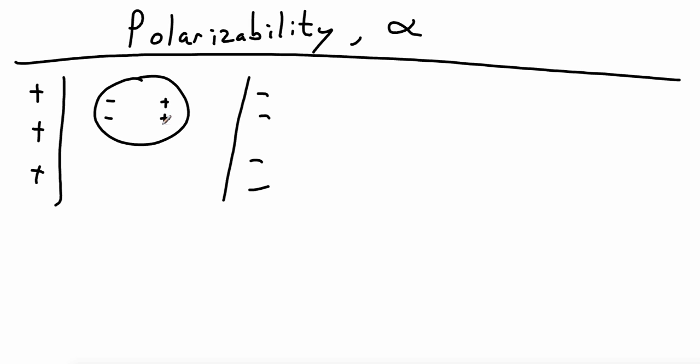And we denote that using this equation, saying that the dipole moment that's induced in the molecule is going to be equal to the polarizability times the magnitude of the electric field. We're making an approximation here that this is all linear and that the vectors point in both directions, and furthermore that this is just a single number.